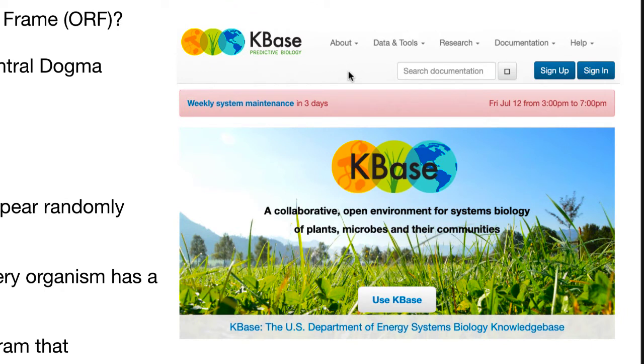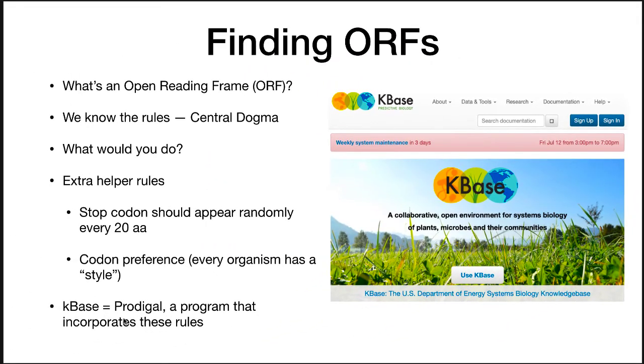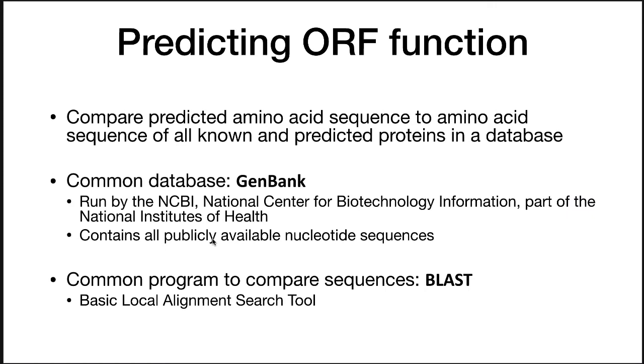This is a thing put out by the USDA that accumulates all sorts of really easy to use programs that you can then apply to a DNA sequence that you have. One of them is Prodigal, and this is a program that incorporates all these rules we've just talked about to predict open reading frames. Okay, now you've predicted your open reading frames, and you have all your open reading frames predicted for an amino acid sequence.